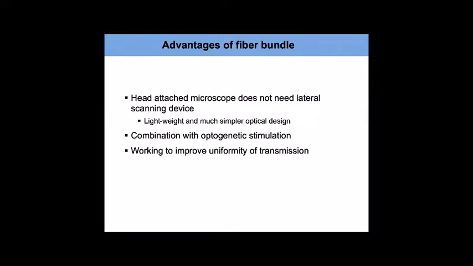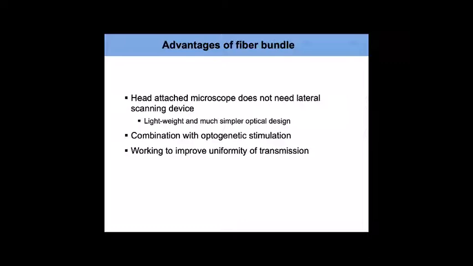But again, just to emphasize some of the advantages of this type of microscope when we're using a fiber bundle: the nice thing is that the head attached part can be much simpler, much easier to assemble, and lighter weight, because you don't have this lateral scanning device.